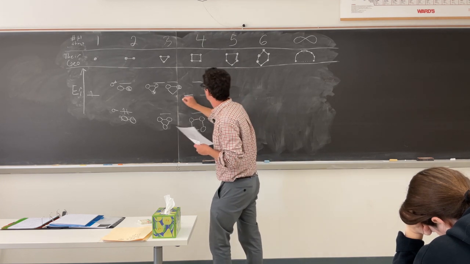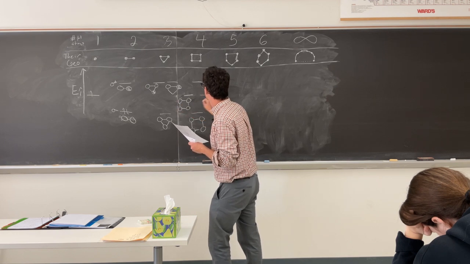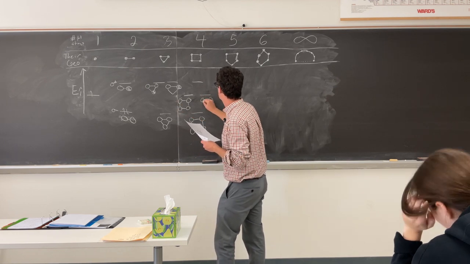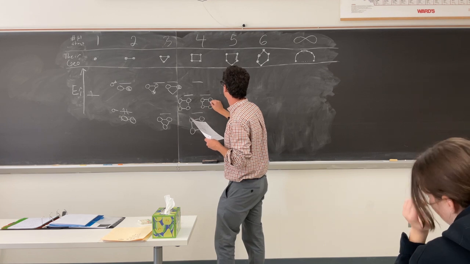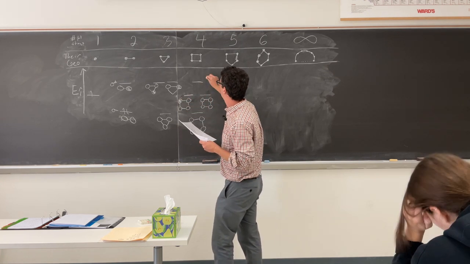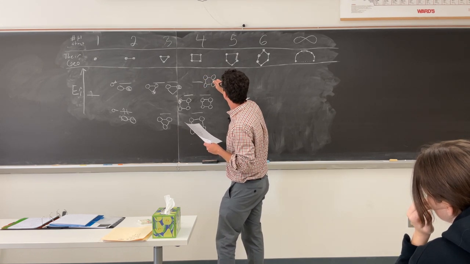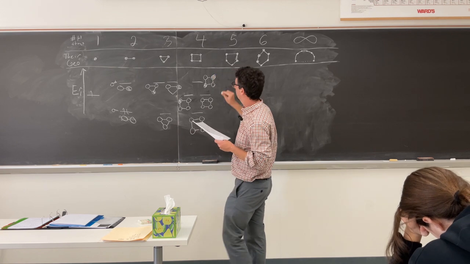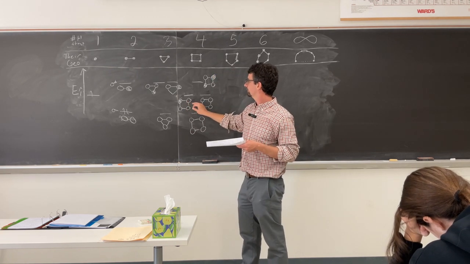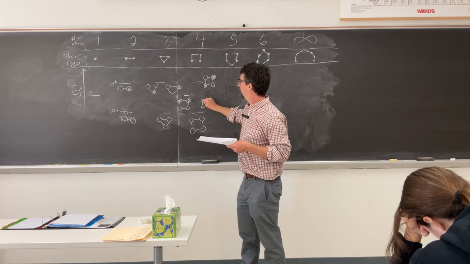How should I draw these two, or how should I shade them? Let's shade top left and bottom right. That's actually this one, the completely anti-bonding case. There we go. That way or that way.